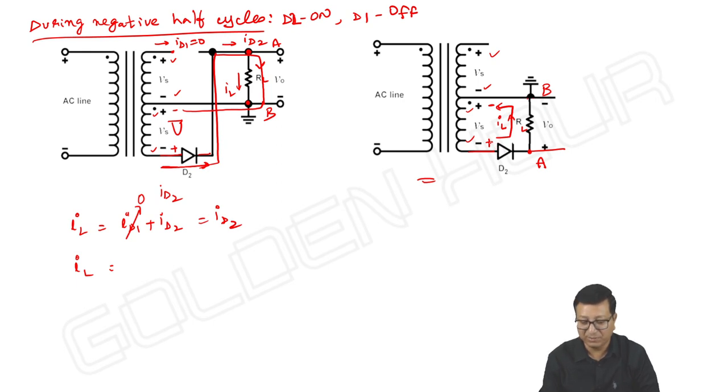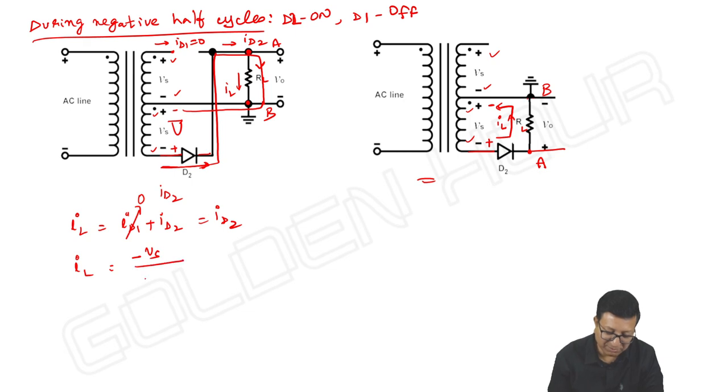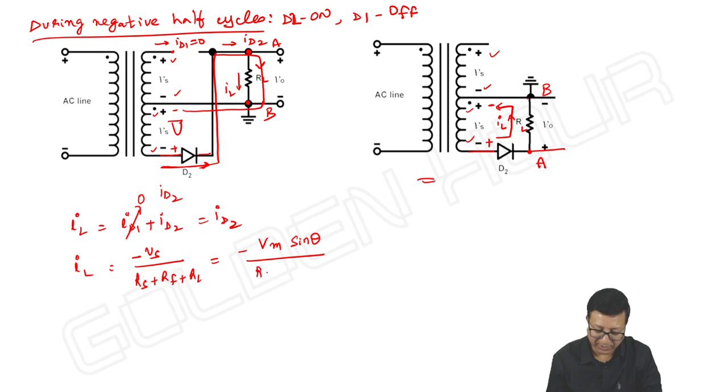Here IL is flowing from the negative to the positive terminal. If you take the universal notation of Vs, it is minus Vs by Rs plus Rf plus RL, which is equal to minus Vm sin theta by Rs plus Rf plus RL, that is minus Im sin theta.